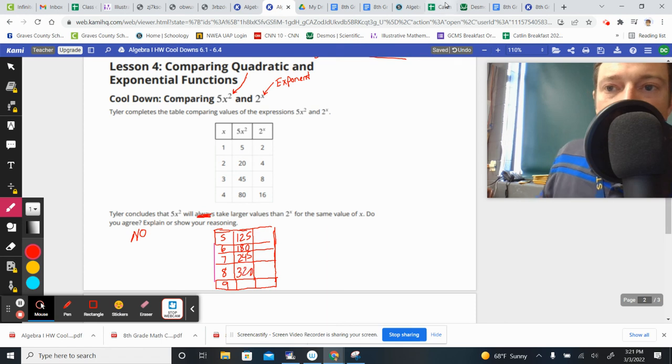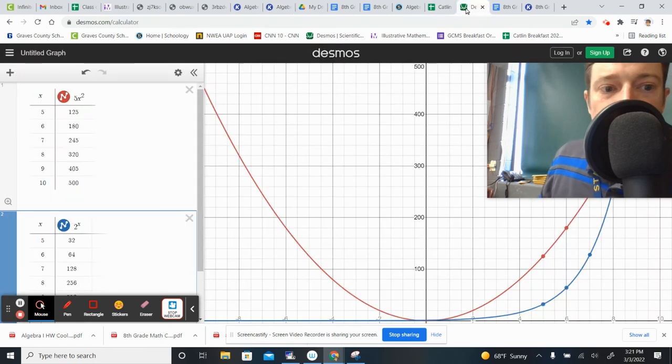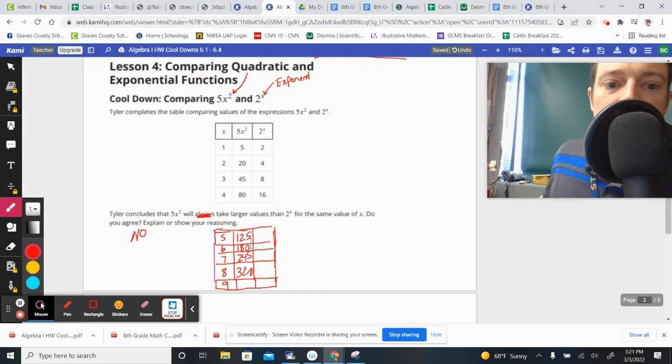And I guess we'll do the 9 since it's already on there. It's not going to hurt. The 9 turns out to be 405.